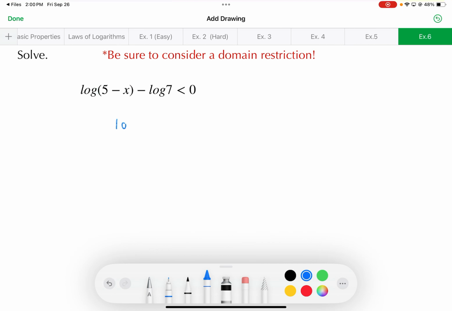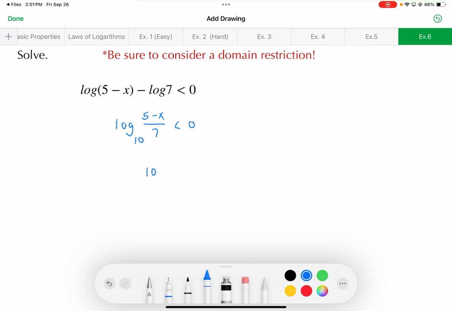Now, I'm going to condense the left side here using a quotient property. That's going to be common log of 5 minus x over 7 is less than 0. Now, what is the base of this logarithm? 10. Okay, now at this point, probably a good idea to go to exponential form.